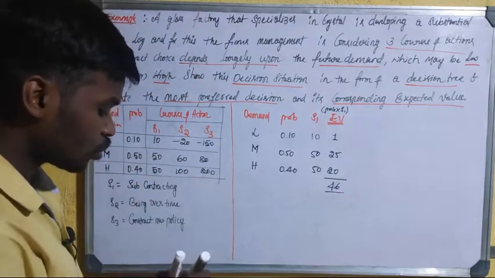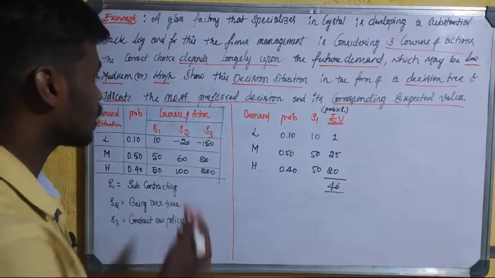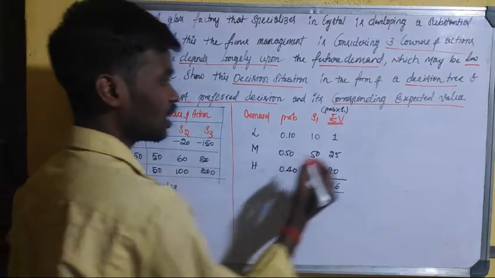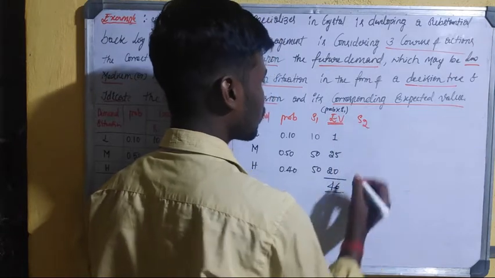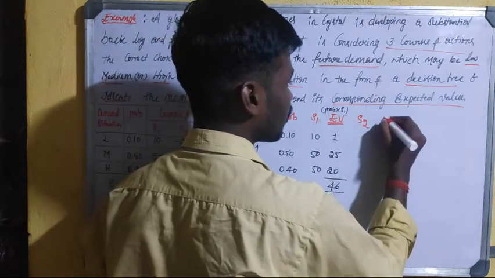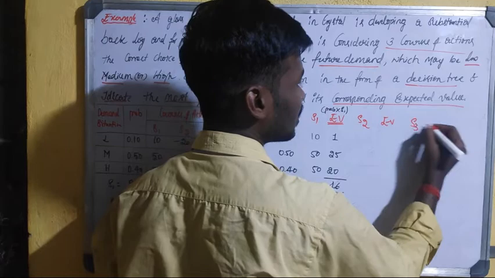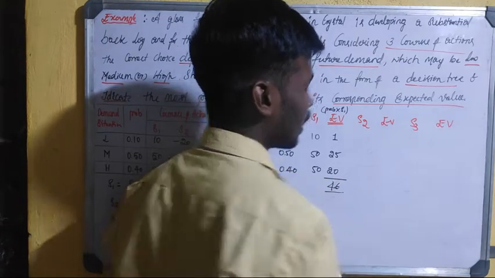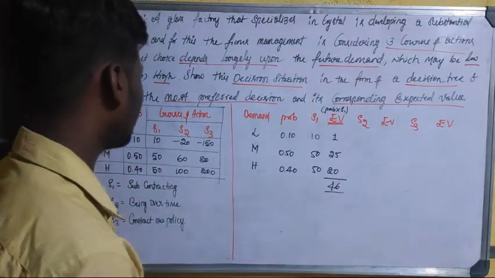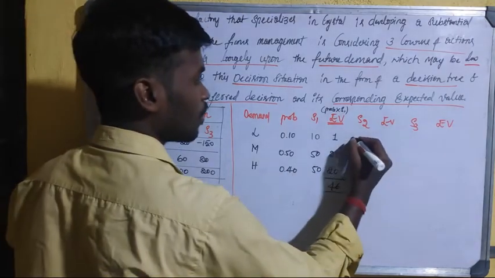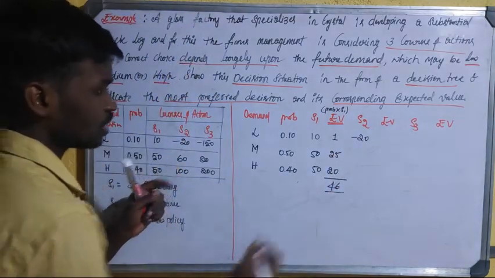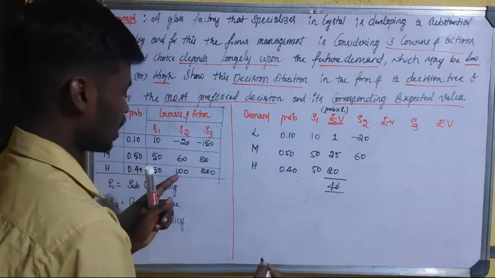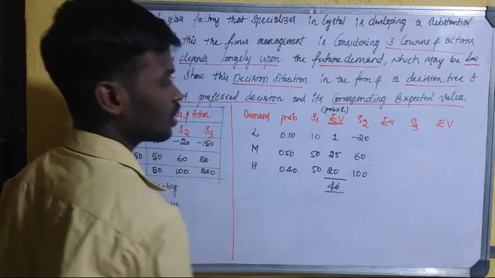Similarly, you have to calculate the expected values for the second alternative and third alternative, S2 and S3. Okay, so it is very easy. For the second alternative, minus 20 is given, 60 is given and 100 is given.